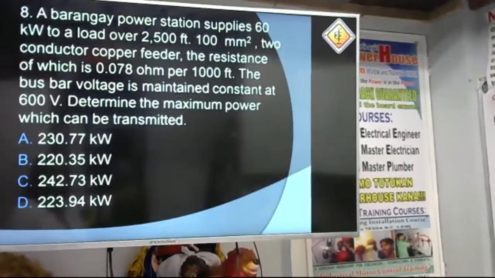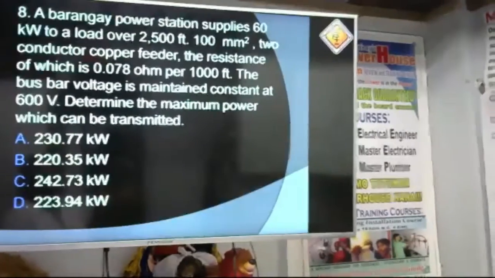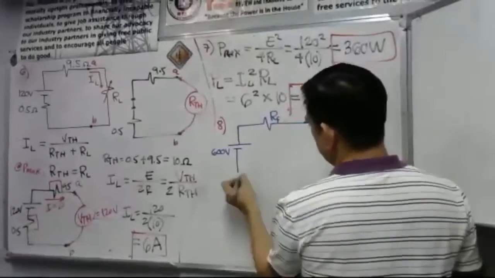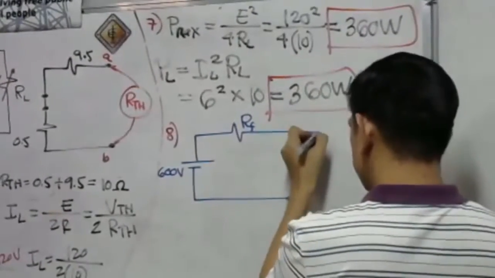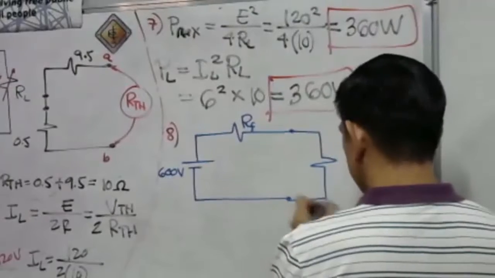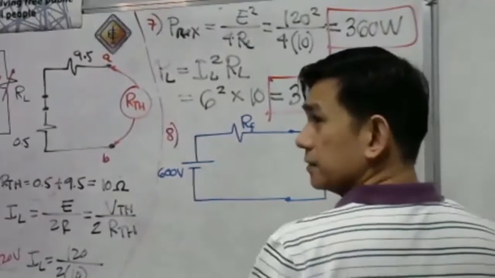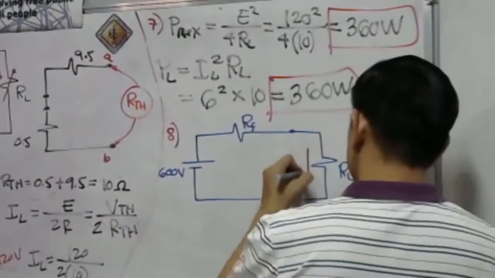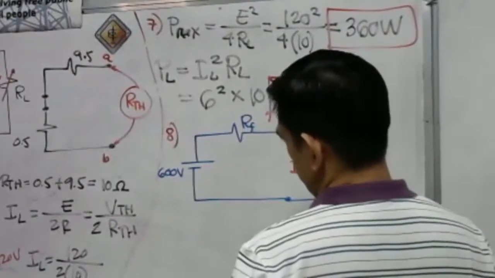So actually it is a feeder line. So I will represent RF as the resistance of the feeder line. Okay. Then these 2 terminals, this is where we connect the load resistor. This is the load. Then we'll be having here a current here. That is our current I.